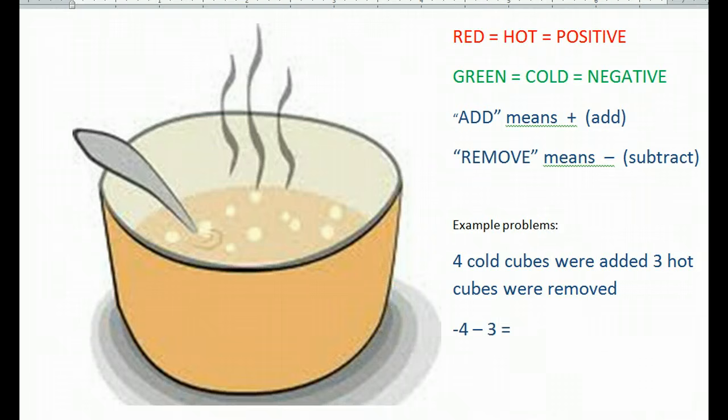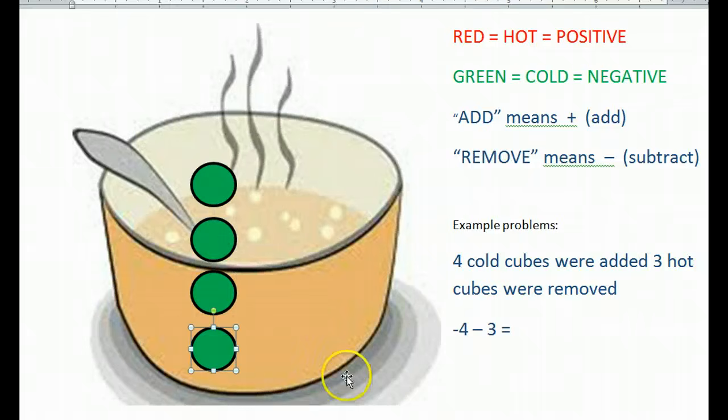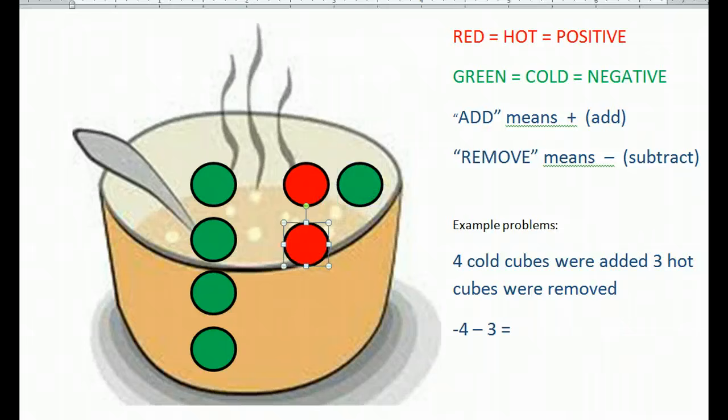Okay, so let's get those 4 cold cubes in there. There's 1, 2, 3, 4. And now I want to remove 3 hot cubes. Since they are not there, I have to bring them in with 0 pairs. There's a 0 pair, there's a 0 pair, here's a 0 pair.